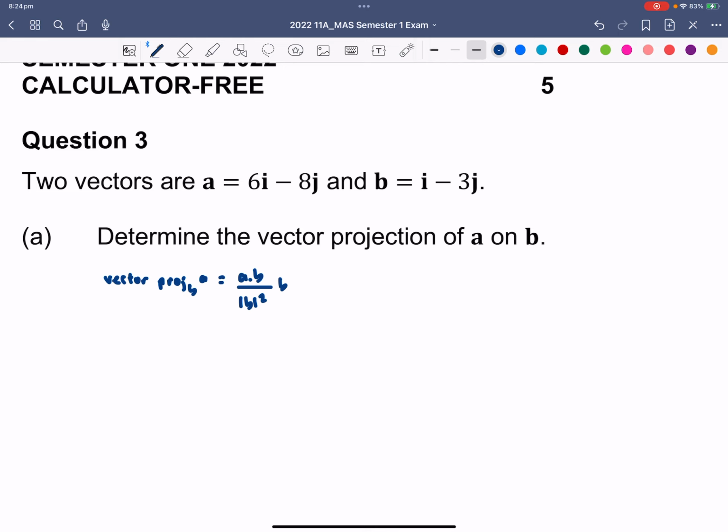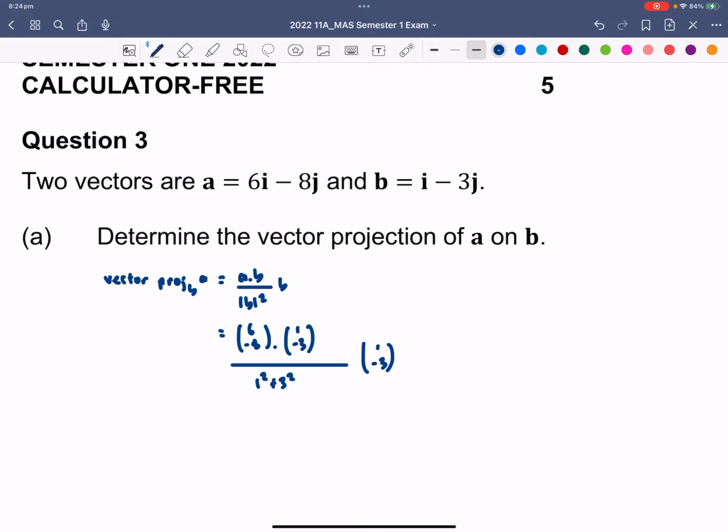Alrighty, so a dot b, a is 6 negative 8, b is 1 negative 3, divided by the magnitude of b squared. Magnitude of b squared is 1 squared plus 3 squared, times vector b, which is 1 negative 3.